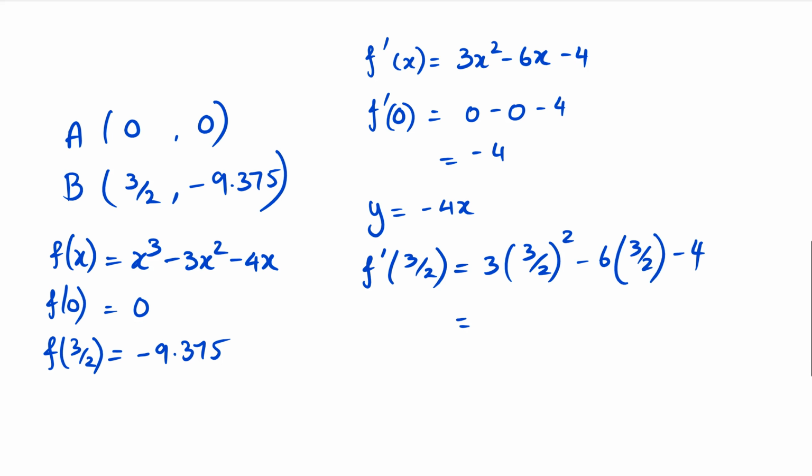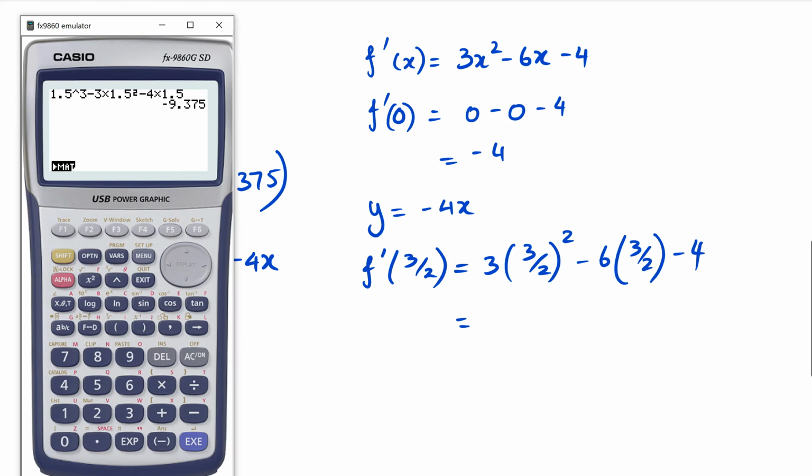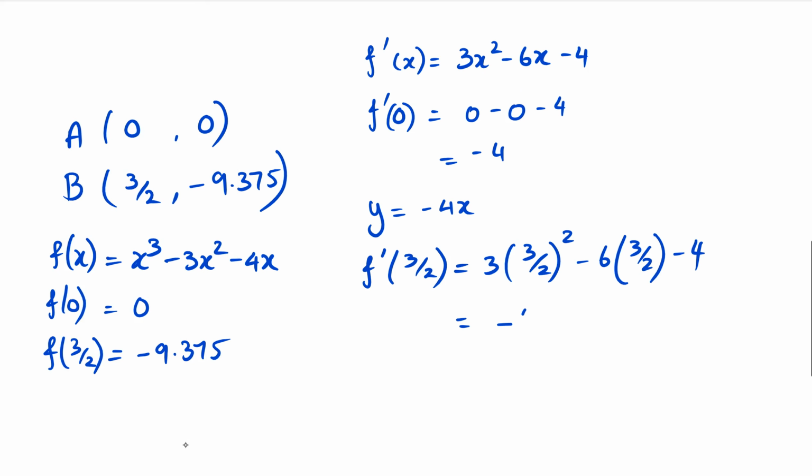So this gradient is now equal to, what have we got? I'm going to put this as 1.5. That's just 1.5 squared minus 6 times 1.5 minus 4, and it gives me negative 6.25 as the gradient. So my second tangent is going to be negative 6.25x.